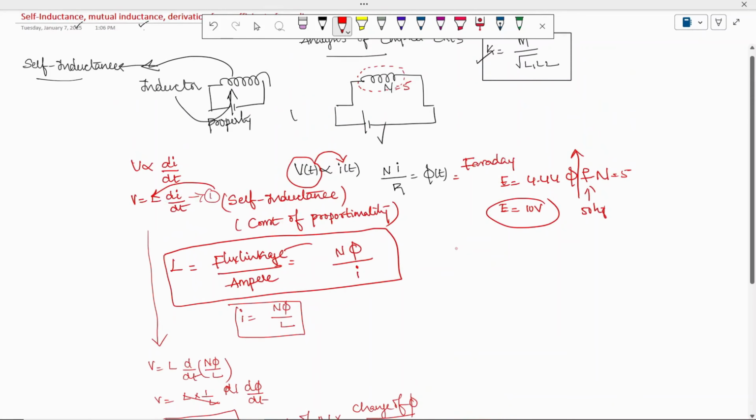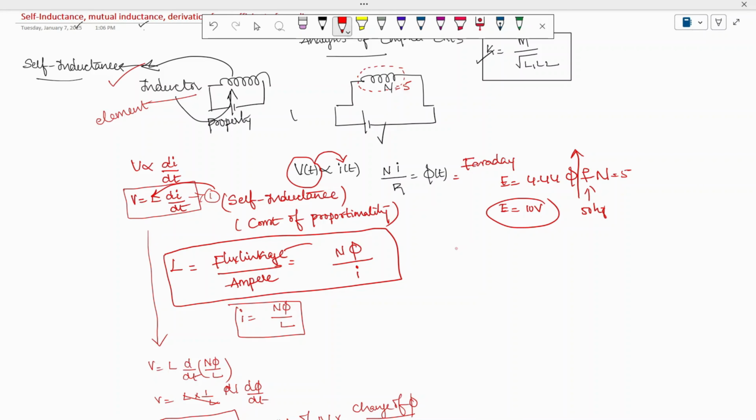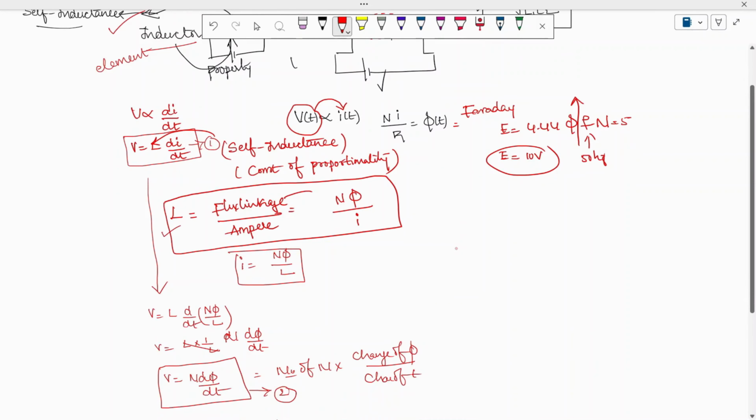Now we studied that an inductor is an element. The property of an inductor is nothing but inductance. Self-inductance is given by the formula V is equal to L di by dt, and the formula for inductance is the flux linking N number of turns divided by current.